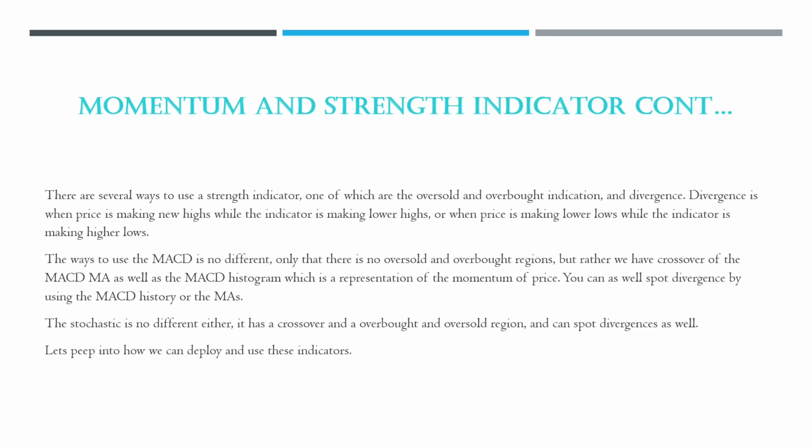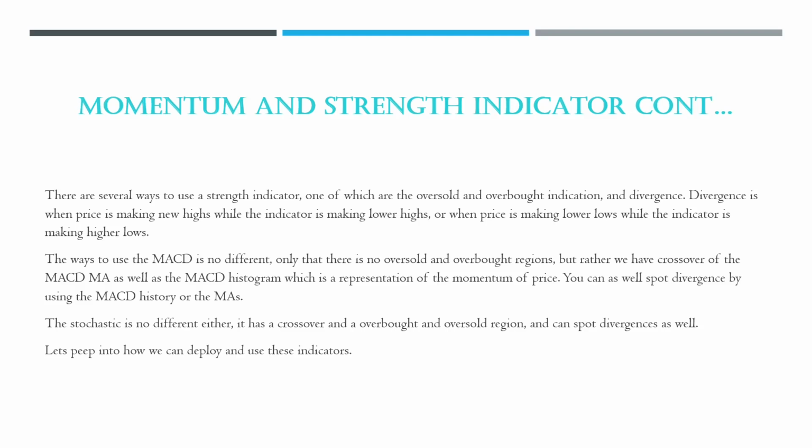It has a special way of calculating the moving average, but you can change the settings in the MACD settings. The histogram is a representation of the momentum, which is the speed at which price is changing. It appears in a form of volume. Some people refer to it as volume, but it is not volume, it is momentum.